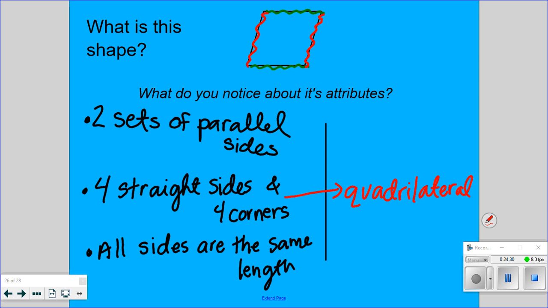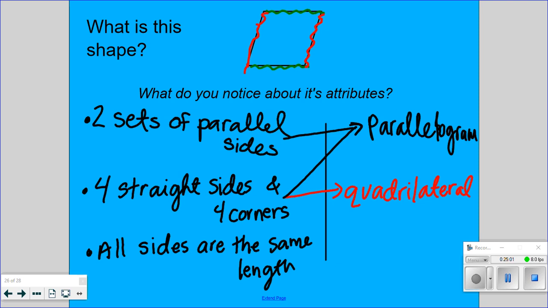What else do we know, Victor? Yeah, so this is a parallelogram because it has those parallel sides and those four straight sides. So another name for this is parallelogram.